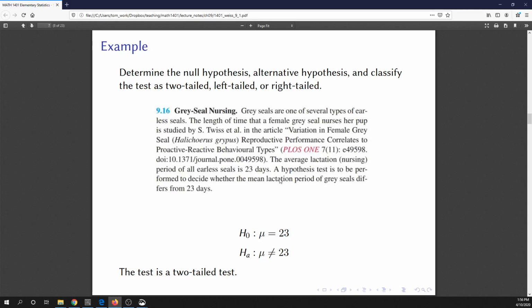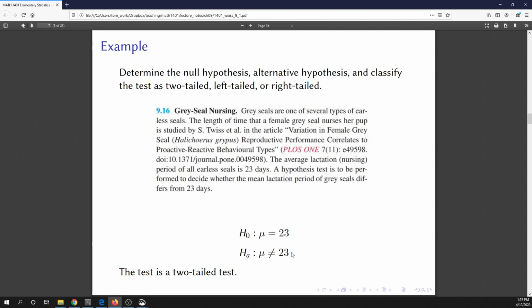And then they say a hypothesis test is to be performed to decide whether the mean lactation period of gray seals differs from 23 days. They use that word differs, or is different from, so we know that the form of the alternative hypothesis is that the mean is not equal to 23.